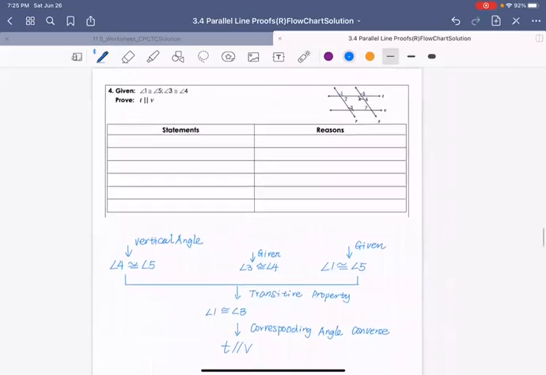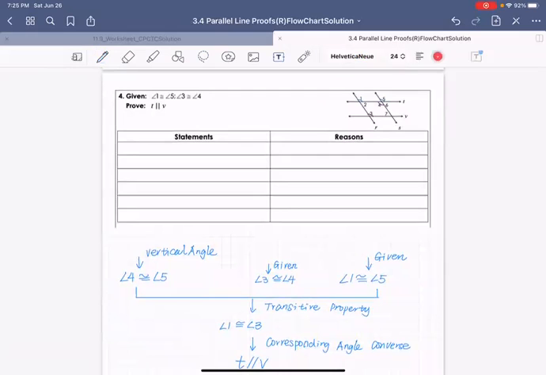Now let's put this back into the two-column proof, okay? So we can put vertical angle here. And we can say angle 4, angle 5 is congruent right here. And angle 3, angle 4 congruent is given. This guy is given. And also angle 1, angle 5 congruent, that's also given.